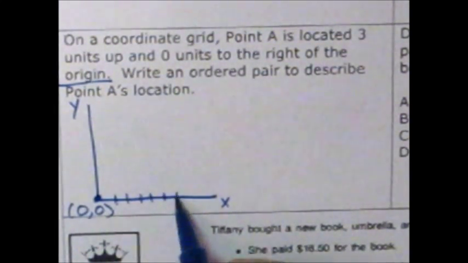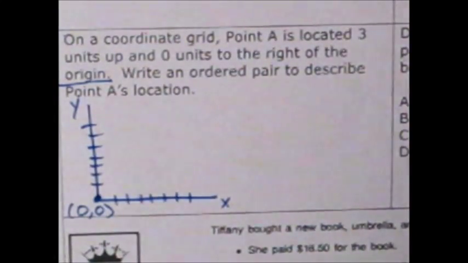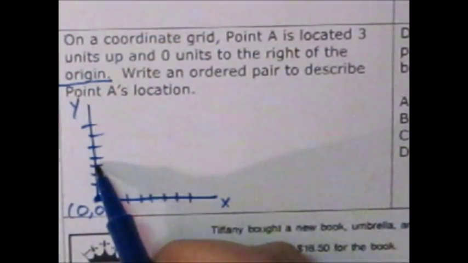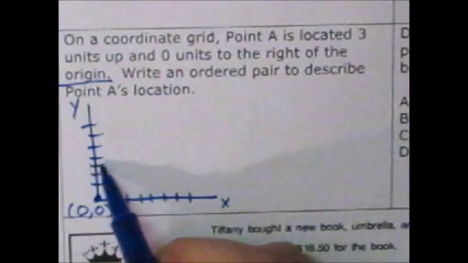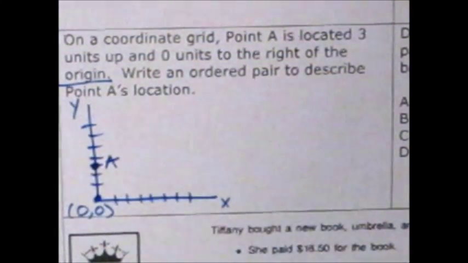So I'll go ahead and do some tick marks this way and some tick marks that way. It says point A is located 3 units up, so 1, 2, 3, and 0 units to the right of the origin. So it means it moves nowhere else. So I'm going to label it as my point A.